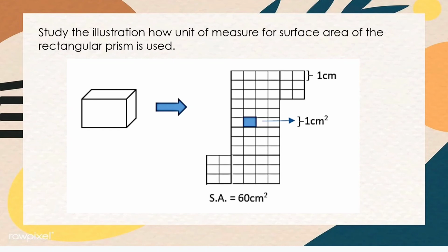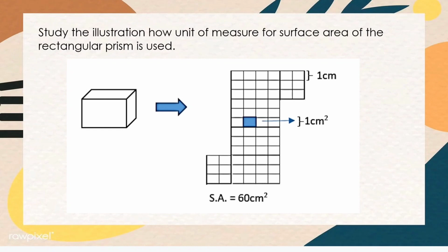Let us study the illustration of how the unit of measure for surface area of a rectangular prism is used. We have here the figure and the net of a rectangular prism.